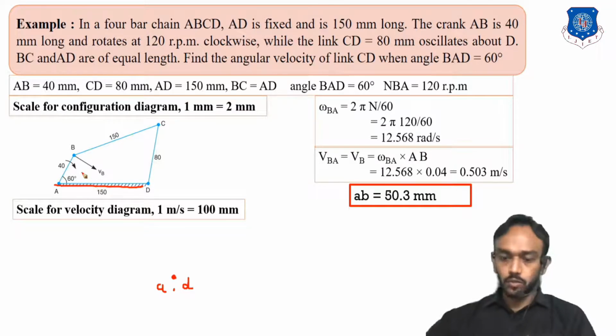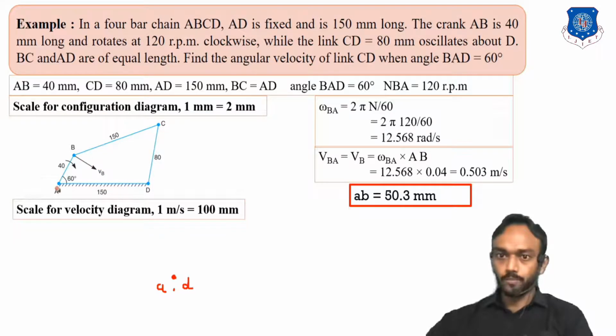After that you will consider this link AB, for which you know the velocity magnitude. What will be the direction of the AB link velocity? You know the direction is always perpendicular to the link, and here it is given in this direction.